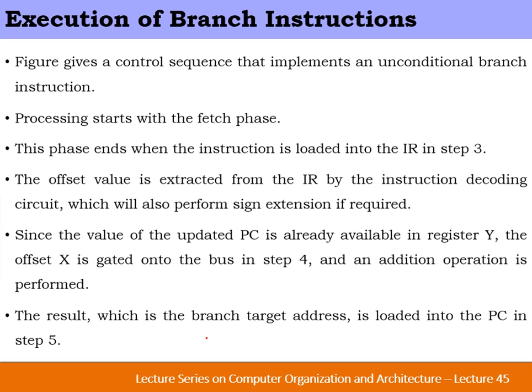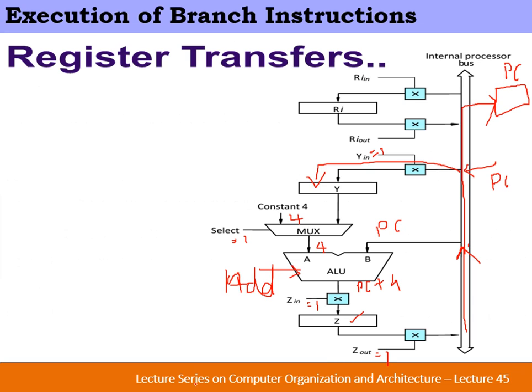Here the updated program counter value will be copied into the Y register. So the updated program counter content, after adding PC plus 4, we are going to store in the Y register. So in the Y register we have the updated program counter, and it is also stored in the program counter register.